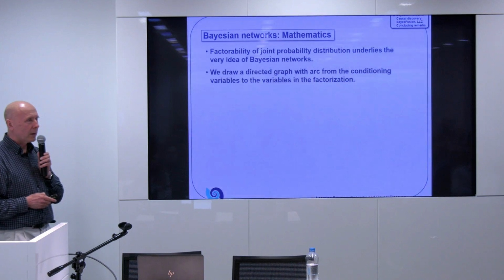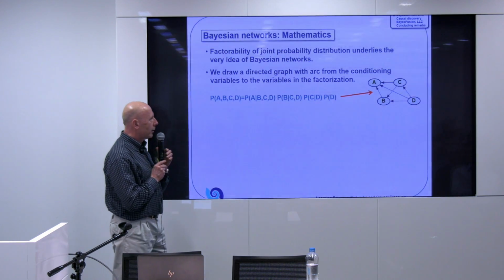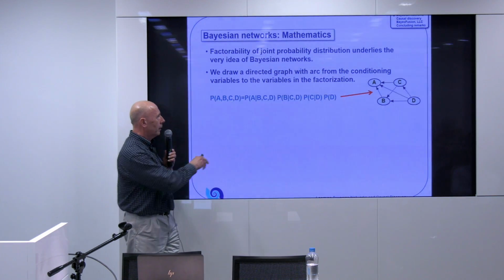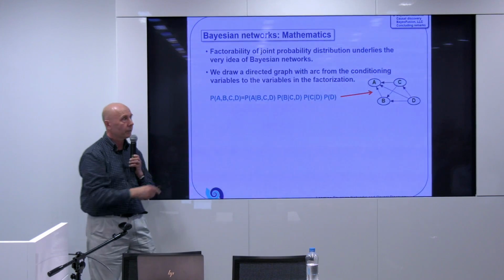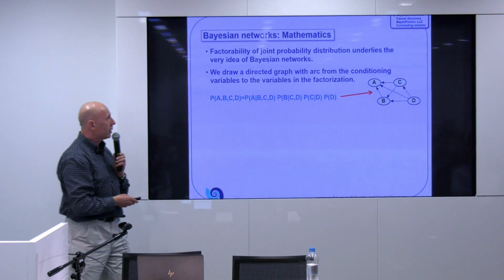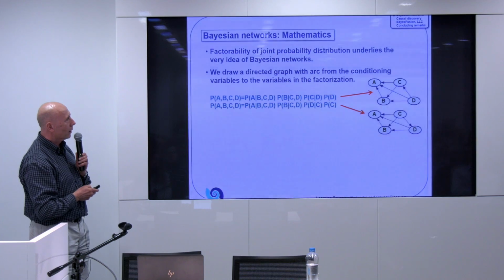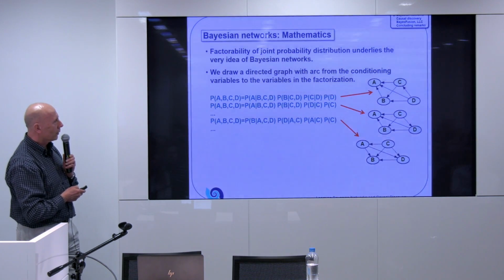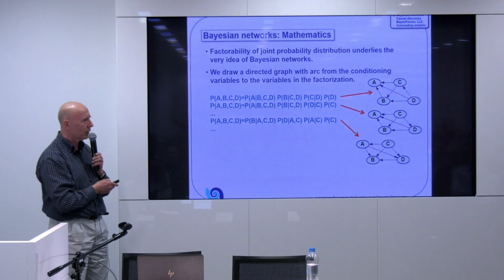You can factorize them, and for every variable behind the conditioning bar, you put an arrow from the variables behind the conditioning bar to the variable before the bar. So here is one possible factorization. Every joint distribution can be factorized like this. Here's another one, which results in a different network. And here's yet another one. And there are, I think, 24 of these for 4 variables, a combinatorial number.